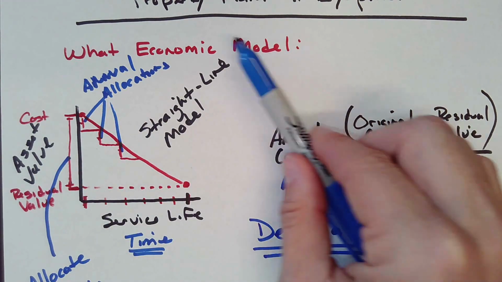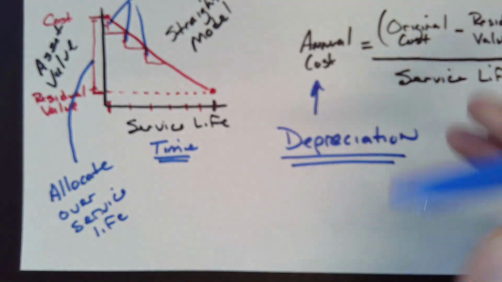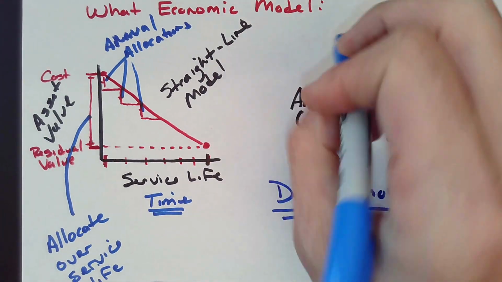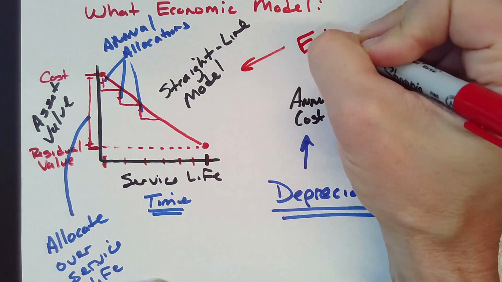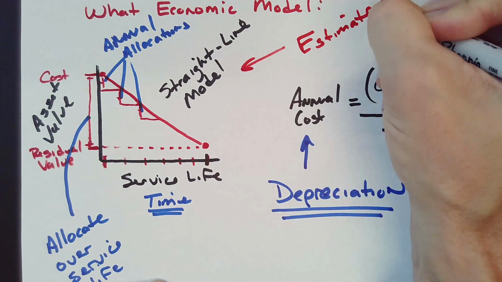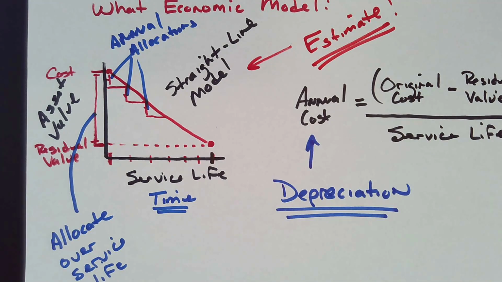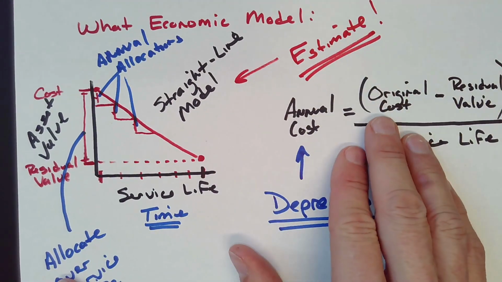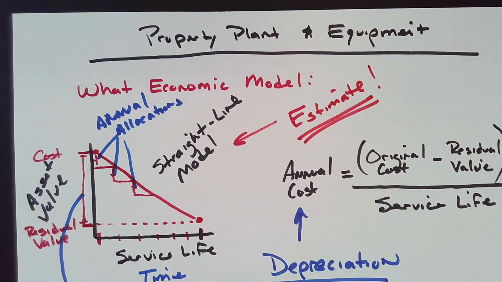It may be representative of what's really happening as I'm trying to allocate this cost over the service life. But this too is an estimate. It's a judgment call as to whether or not that's the right model. So this is one economic model. I'm going to show you another economic model in the next video.